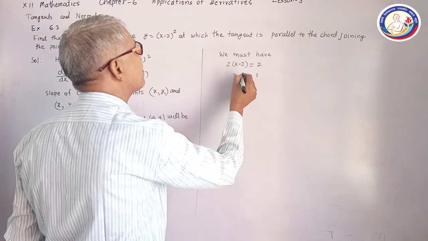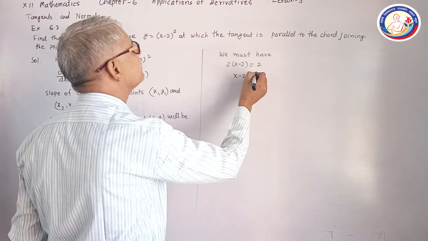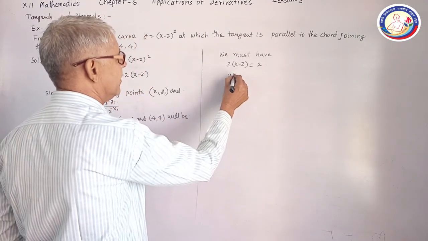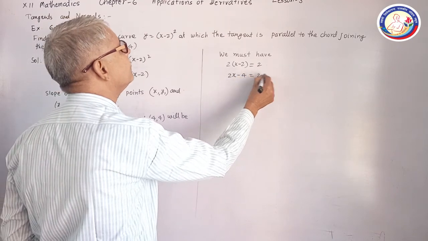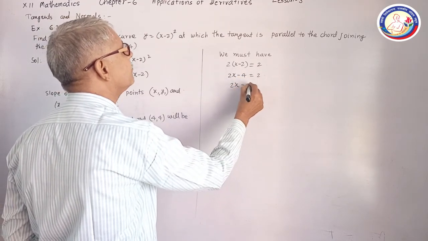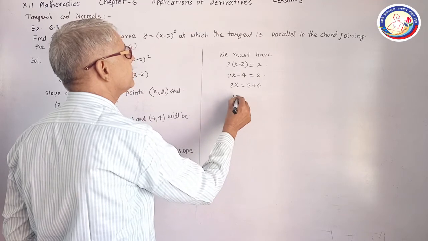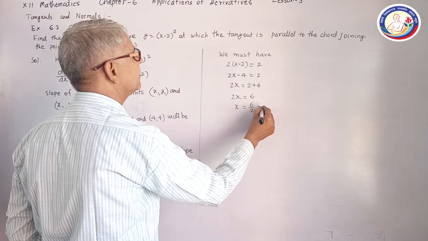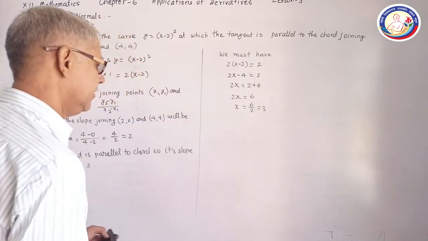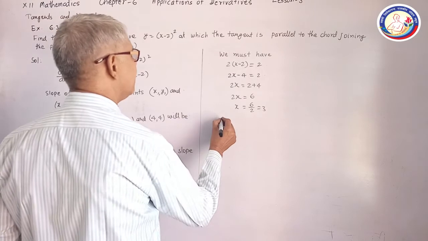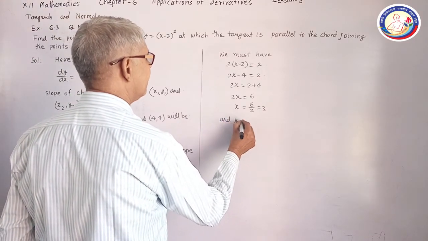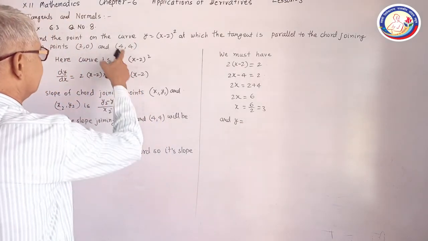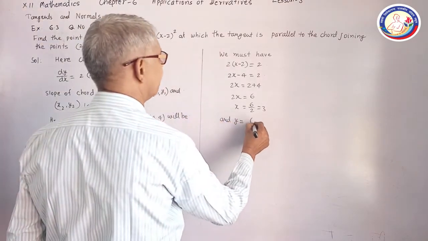or we can solve it in another way, 2x minus 4 equal to 2, that is 2x equal to 2 plus 4, 2x equal to 6, x equal to 6 by 2, that is 3. So the value of x is 3 here, and y equal to x minus 2 whole square.